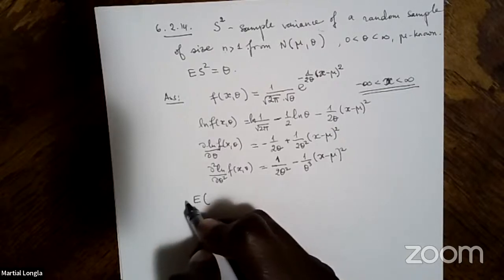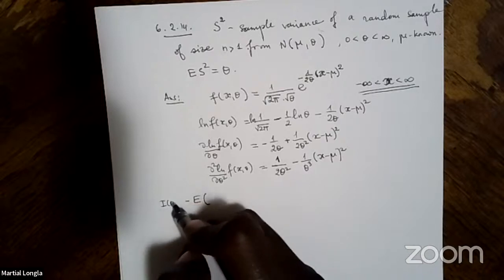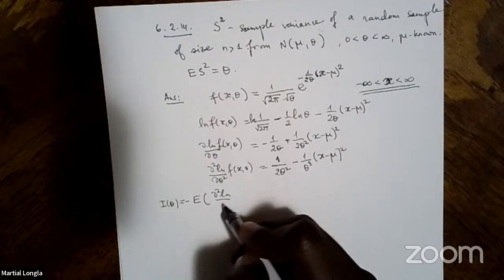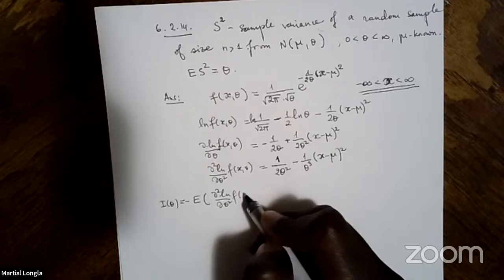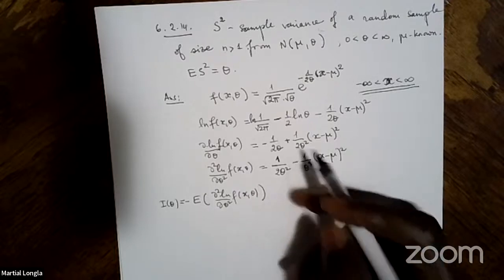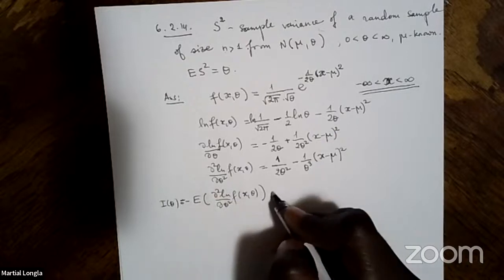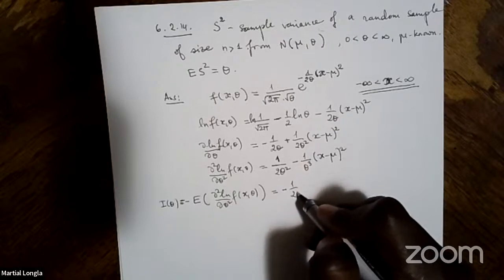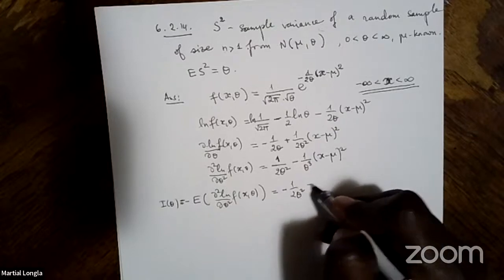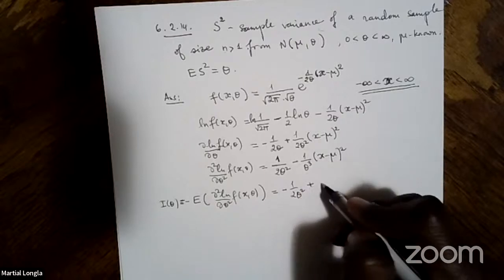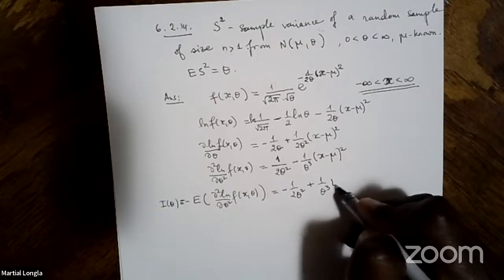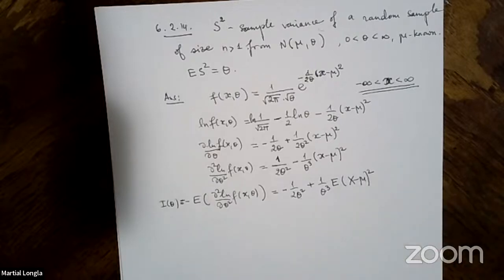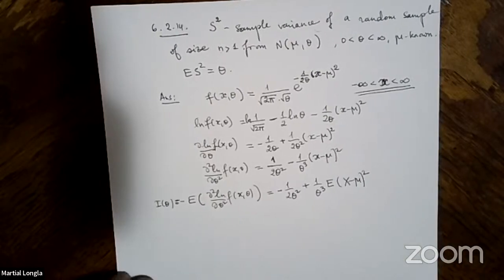Expected value negative. So I of theta is negative expected value of d2 ln over d theta squared of f of x theta, which is negative 1 over 2 theta squared, plus 1 over theta cubed times the expected value of (x minus mu) squared.